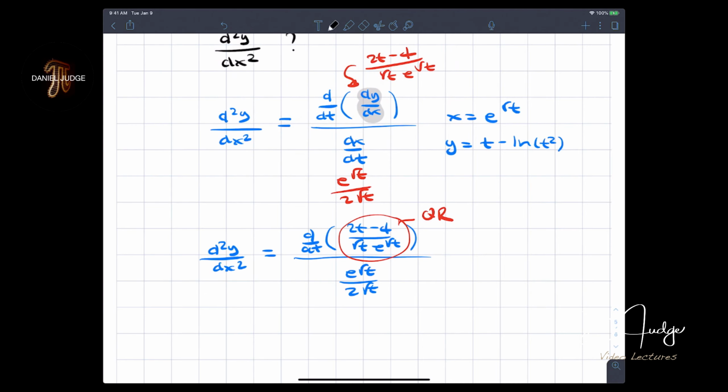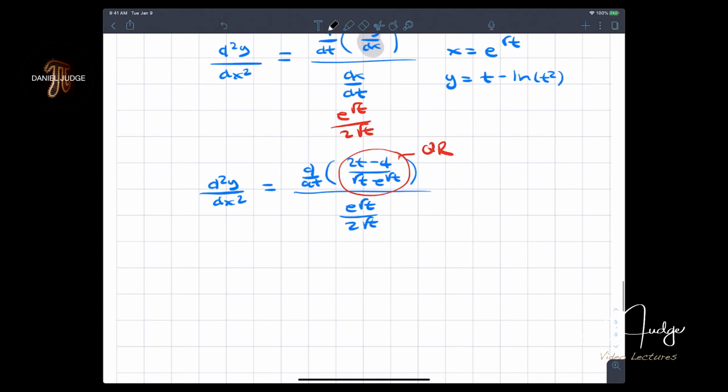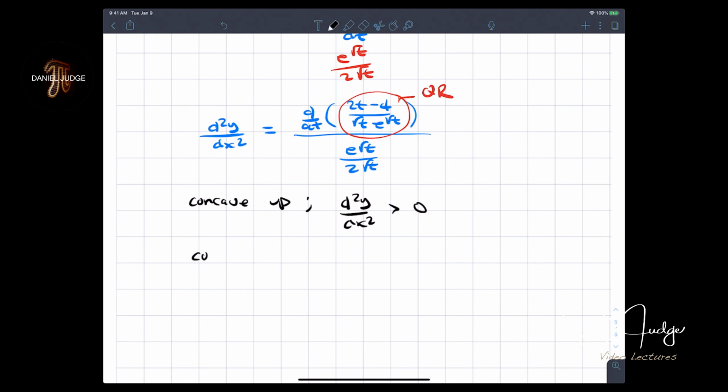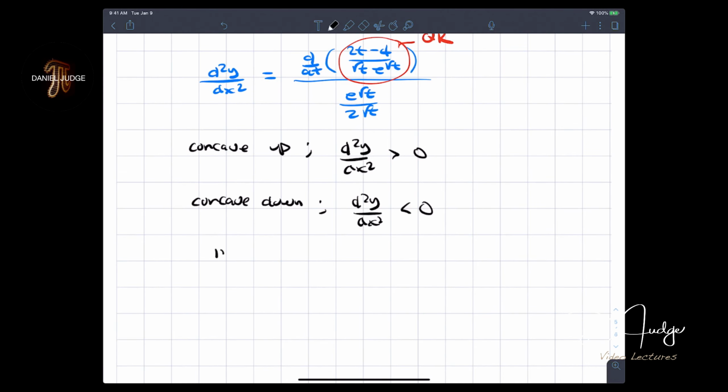When do you have concave up? Concave up happens when that second derivative is positive. And when do you have concave down? Well, that happens when the second derivative is negative. If you guys remember from Calculus 1, when do you have an inflection point?